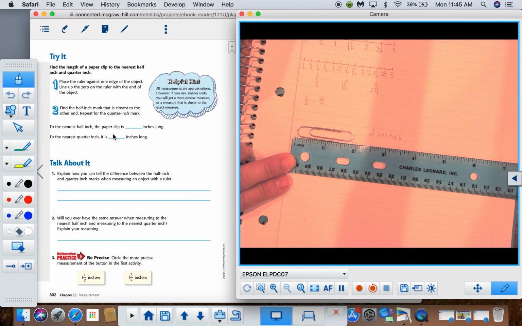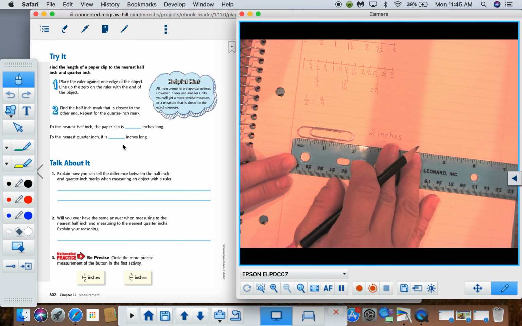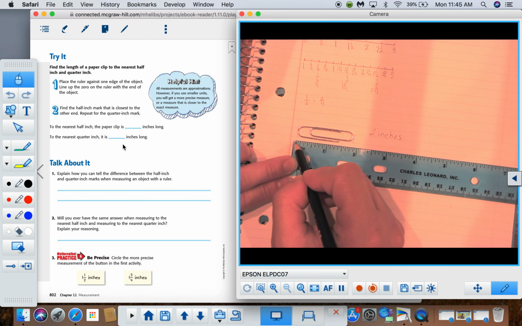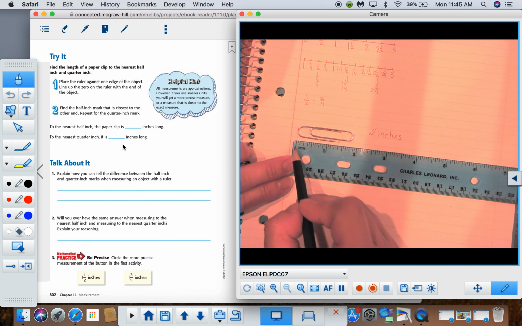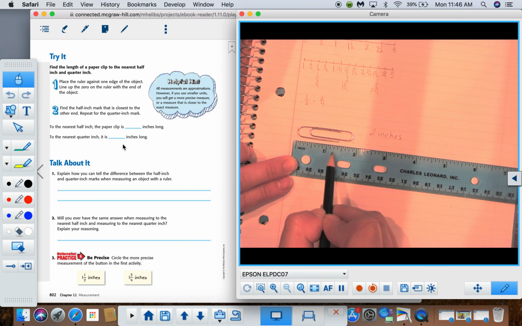Okay. So the next part is asking us to the nearest 1/4 inch. Let's see. So now I'm going to look. I have 0, 1/4 inch, 1/2 inch, 3/4 of an inch, 1 inch, 1 1/4, 1 1/2, 1 3/4, or 2 inches.